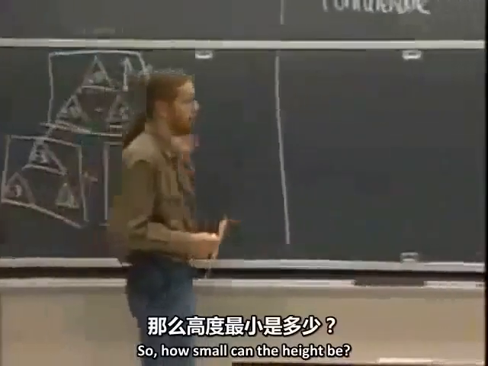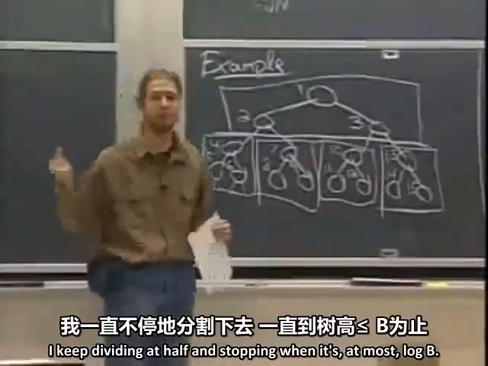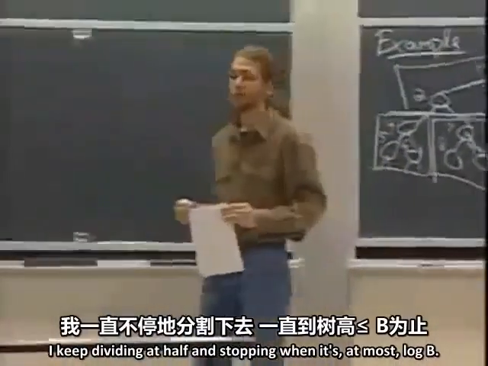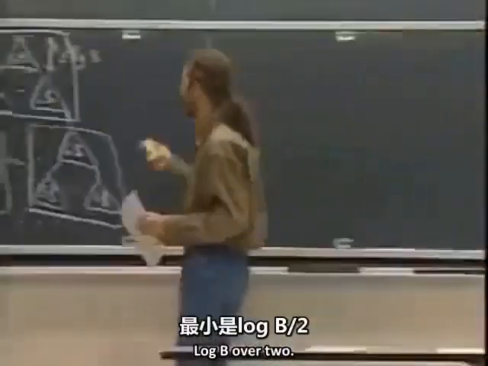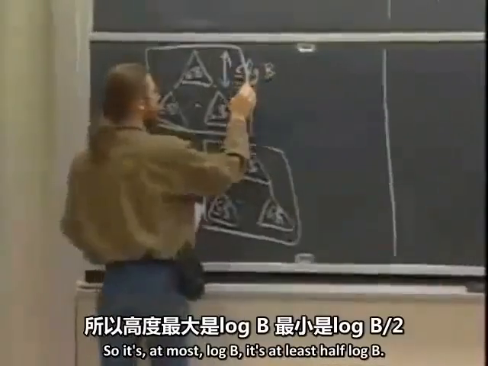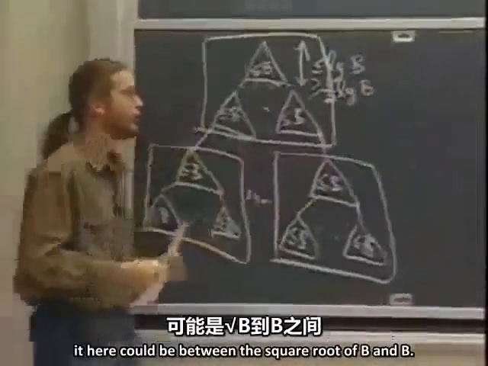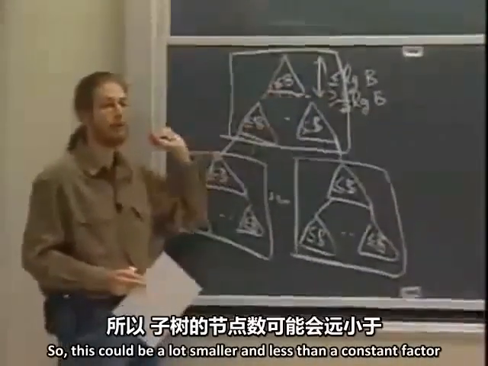So how small could the height be if I keep dividing in half and stopping when it's at most log b? Log b over 2. So it's at most log b. It's at least a half log b. Therefore, the number of nodes in here could be between square root of b and b. So this could be a lot smaller, less than a constant fraction of a block.